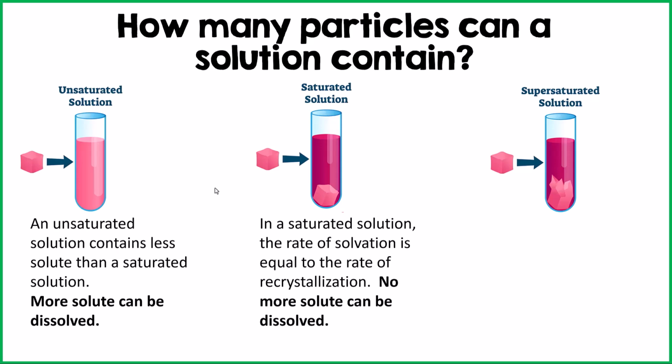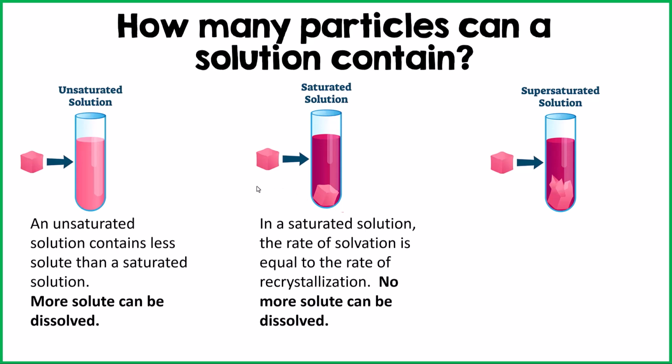In a saturated solution, the rate of solvation is equal to the rate of recrystallization. So no more solute can be dissolved. So if you think of this on a molecular level, all of the solvent particles have surrounded the solute particles. And now some of the solute particles are going to bump into each other again and begin to form crystals.